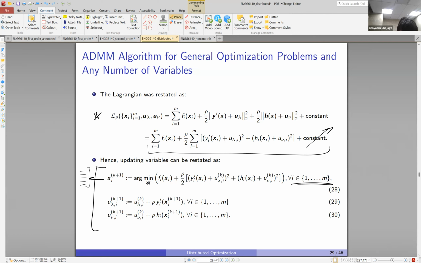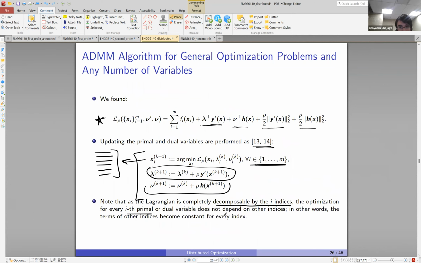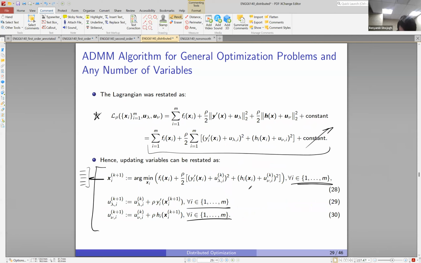So for x1, we have only f1(x1). For x2, we have f2(x2), and something like that. And for u lambda and u nu, we have this. Here we had them in vector form, but now we are writing them element-wise. Therefore, this is also m lines, m equations.